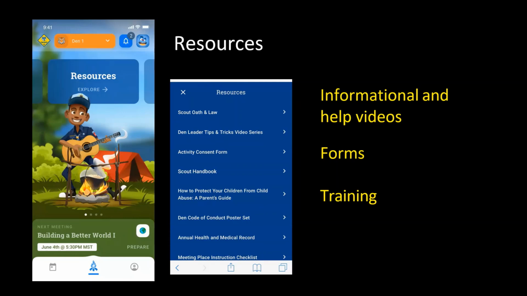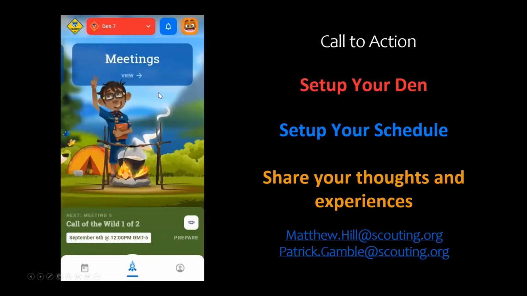You can see a lot of different information on there. Many of these things are accompanied with videos, much like the one you saw earlier. There's a lot of forms on there, as I shared a little bit ago. Lots of information on your required training for your position, as well as optional training that you can do to enhance your knowledge as a Den leader.